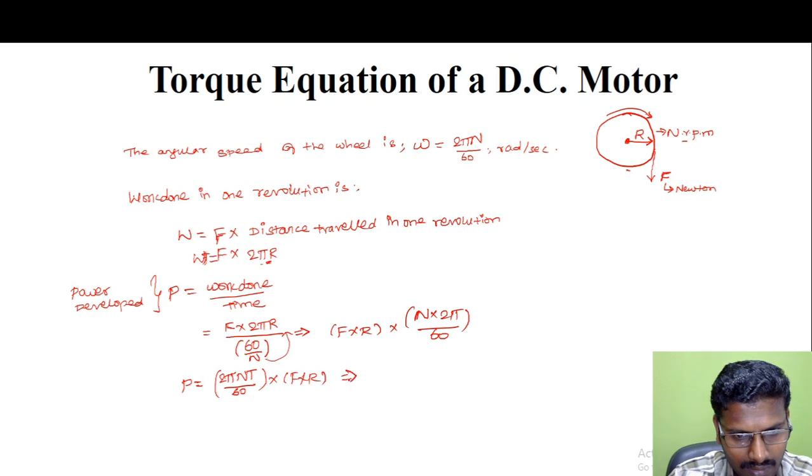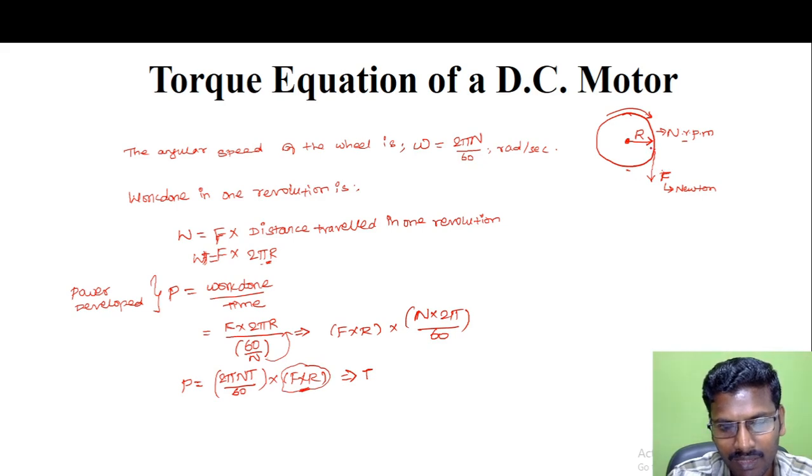Here, this F into R is nothing but torque T. Here R is the radius of the wheel, and F is the force acting during the wheel rotation. So F into R is nothing but torque T.